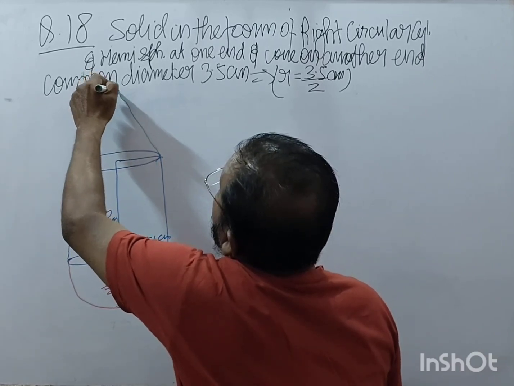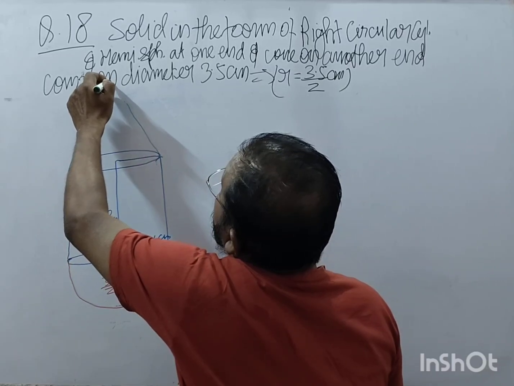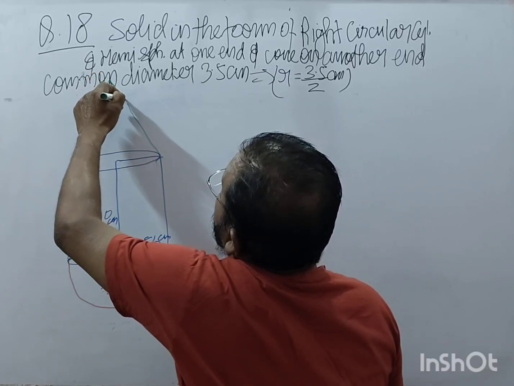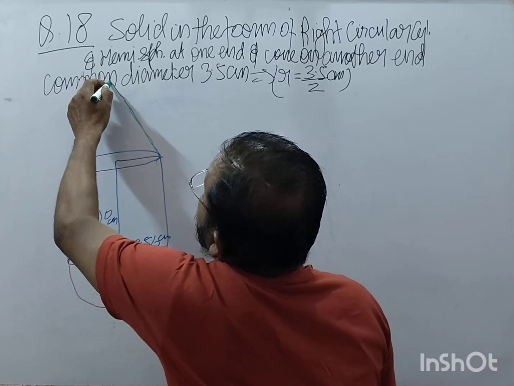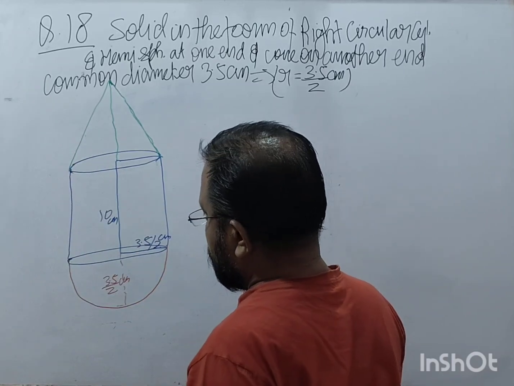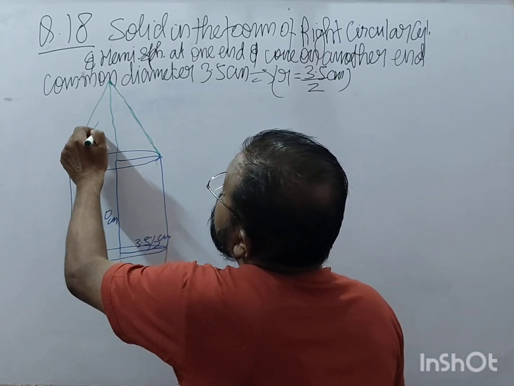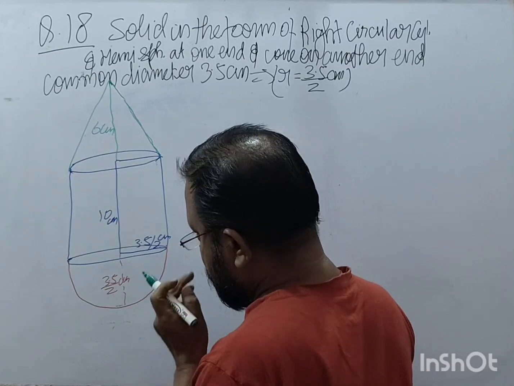What do you have to find now? Volume of the solid. Same question. What is the height given to you of this conical part? 6 centimeter. And the cylinder is 10 centimeter.